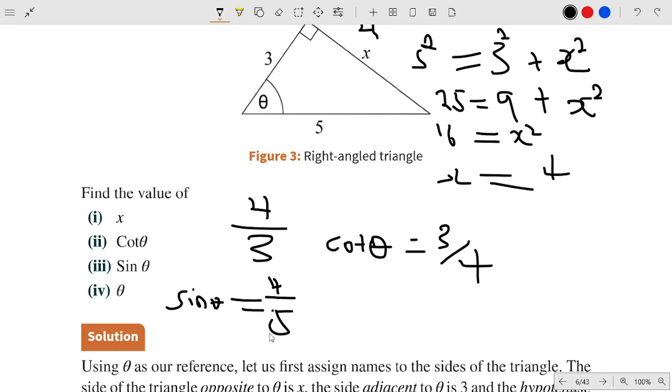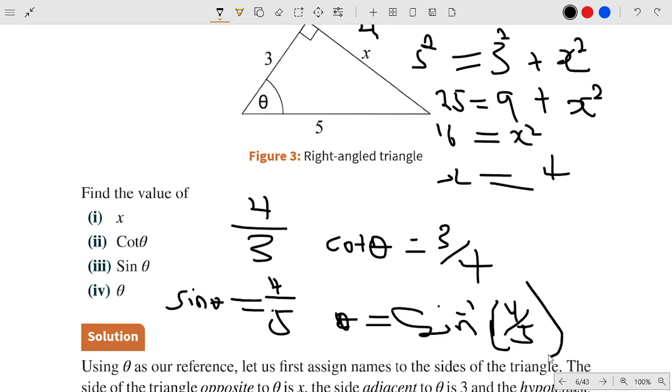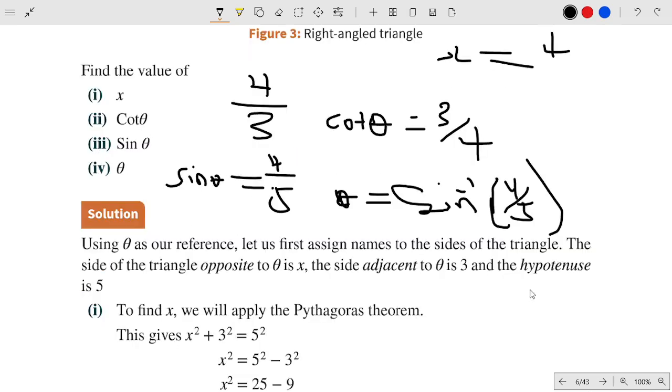Now to get this theta here, theta will be equal to sine inverse of 4 on 5. Yes.